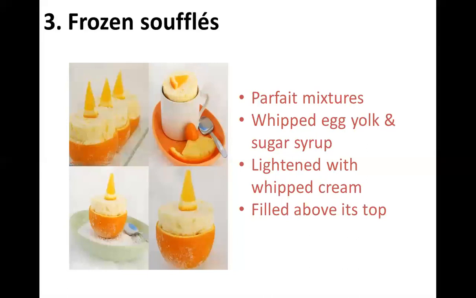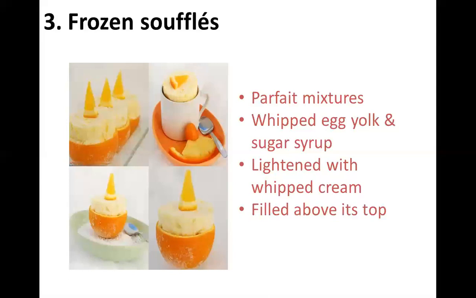The souffle mixture is most often based on a whipped egg yolk and sugar syrup foundation. This is flavored and then lightened with whipped cream. A small band of paper is used to allow the mold to be filled above its top. When this band is removed, the frozen souffle resembles its hot counterpart.